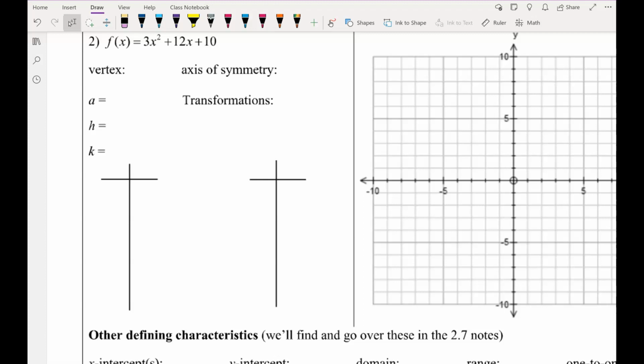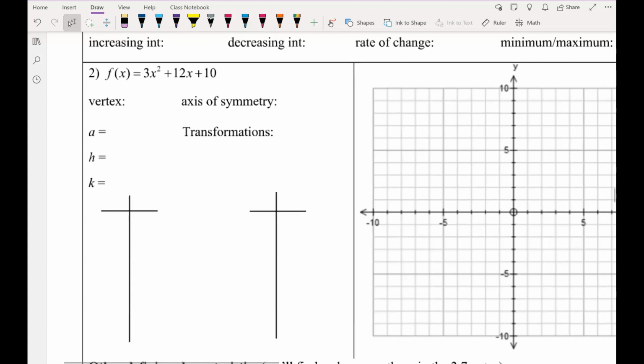Another way that we can find the vertex in standard form is using this equation: the x coordinate of the vertex is negative b all over 2 times a.